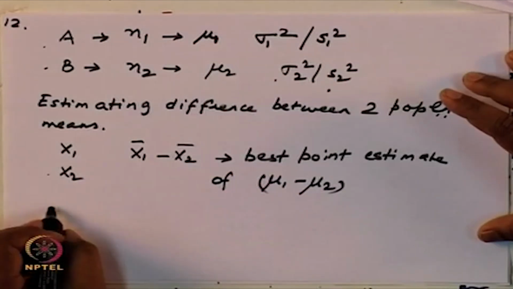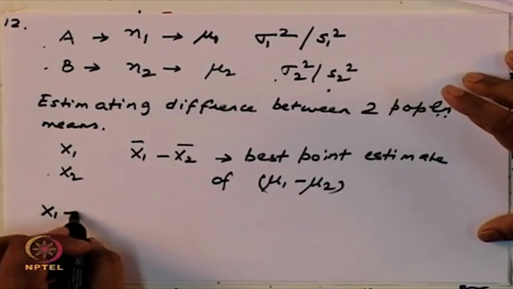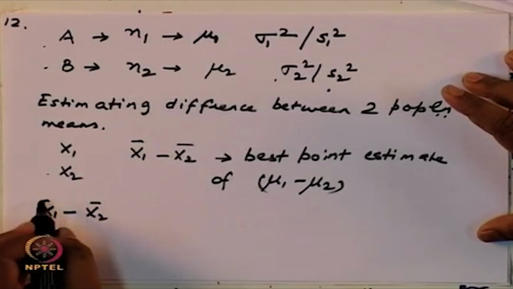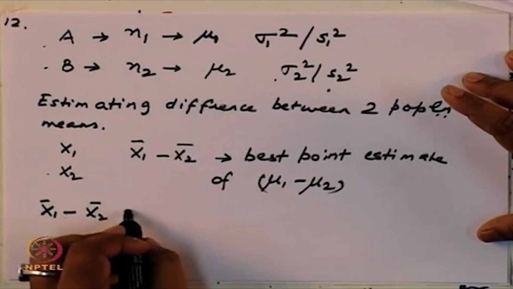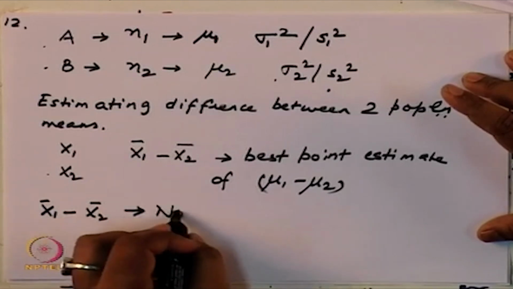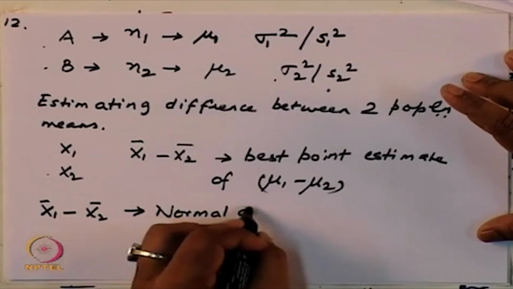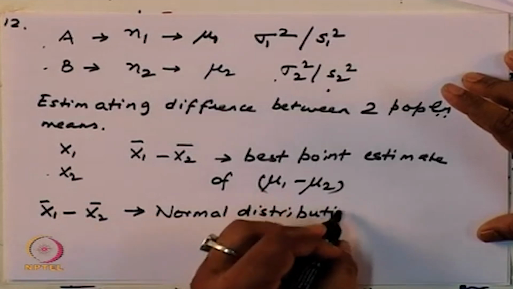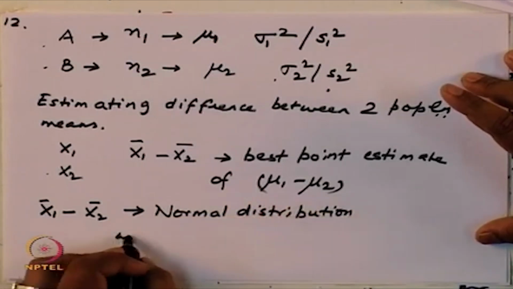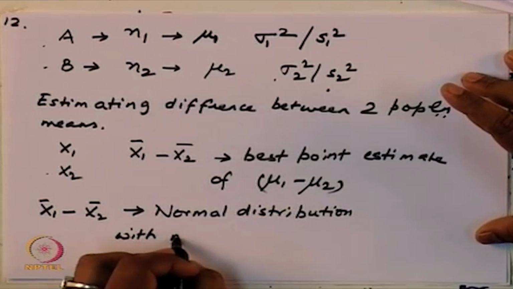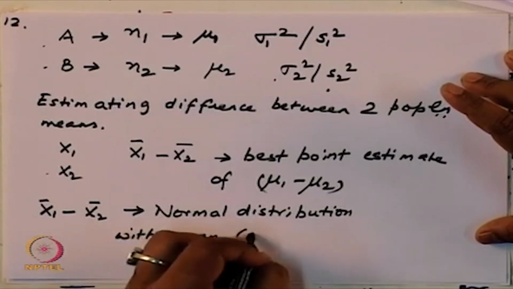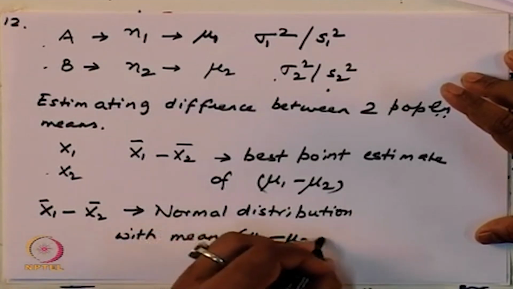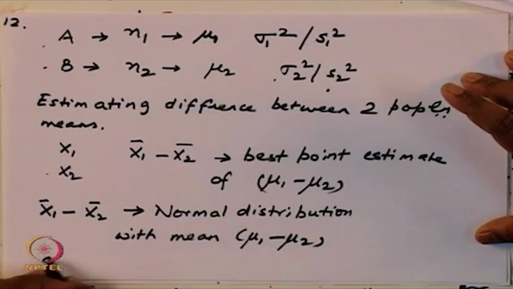And I can say that this random variable x1 bar minus x2 bar would follow a normal distribution with mean mu 1 minus mu 2, and what is the standard deviation?